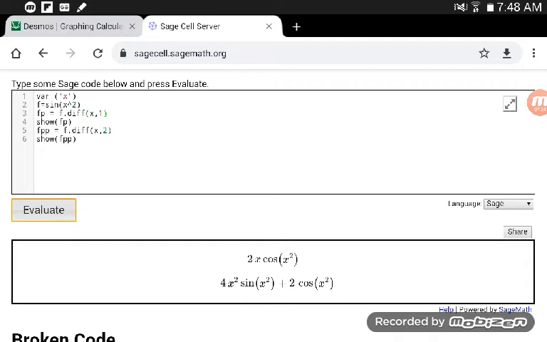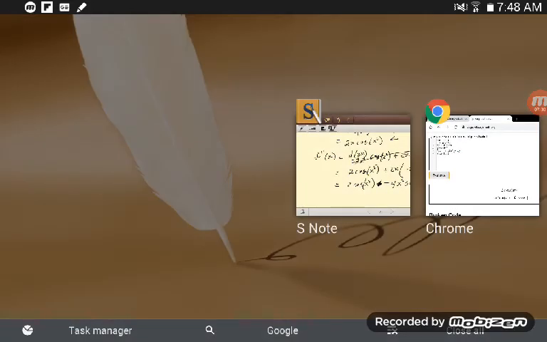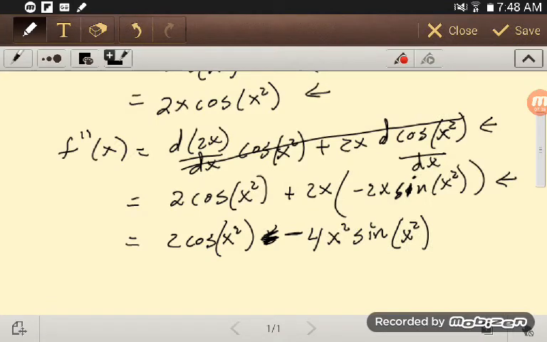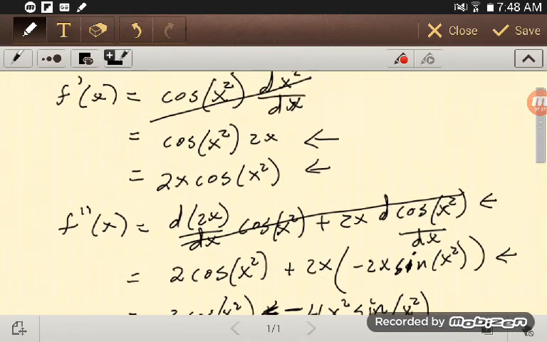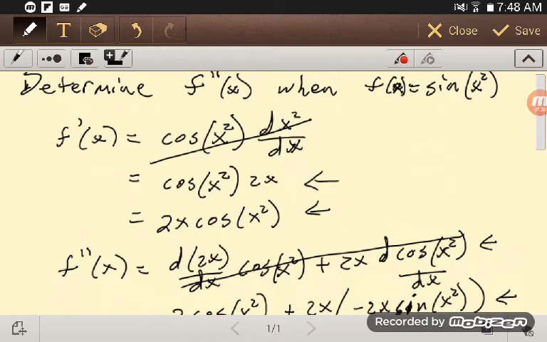Now, when all is said and done, going back to something like this, I said I need cosine of x squared, because that's the derivative of the sine.